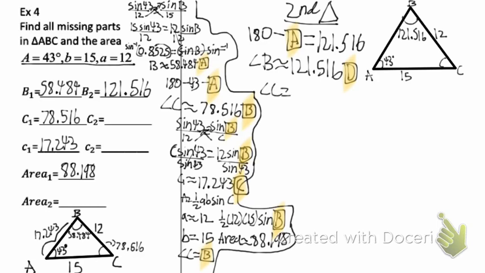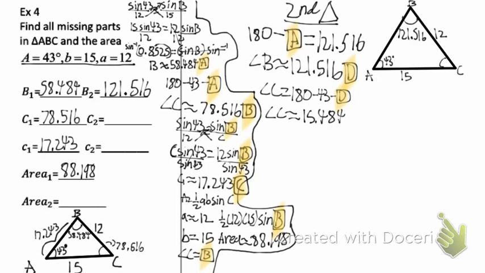Now to find angle C, we subtract. So it'll be 180 minus 43 minus letter D. And we get that angle C approximately equals 15.484.